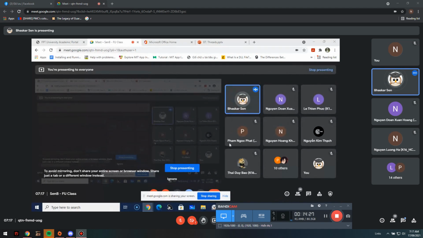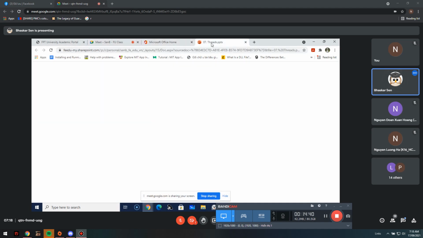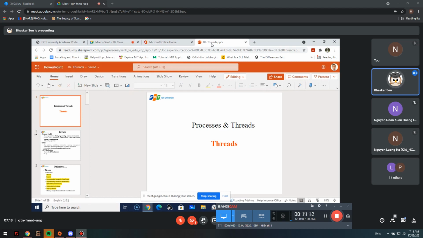And you can open as many windows as you want in Microsoft Word. So what does it mean? That means that you are actually creating threads. This is where multi-threading comes into action.